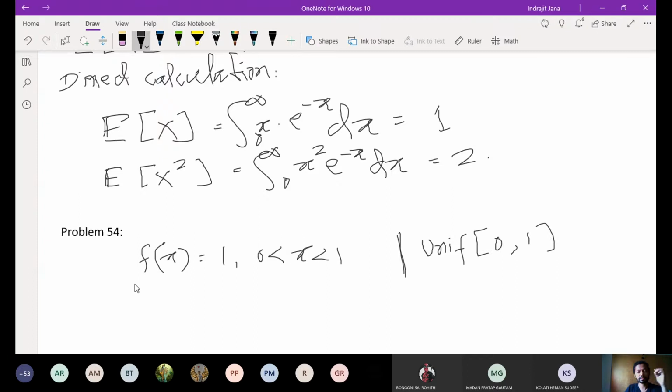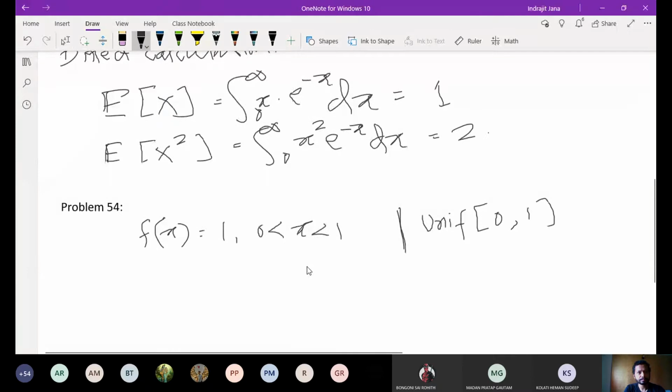If you recall the uniform distribution, it has PDF 1 over b minus a. So if your a and b are 0 and 1, the PDF is going to be 1 over 1 minus 0, which is simply 1, when x is between a and b, that is x is in 0 and 1. Anyway, that's not relevant for this problem. We want to compute the expectation of x to the power n and the MGF.